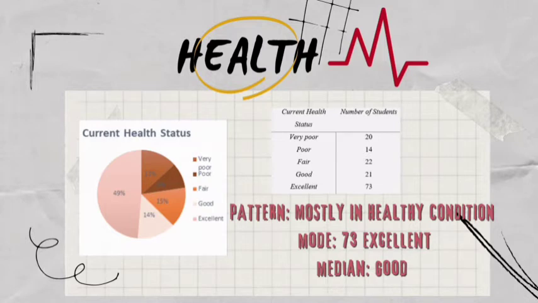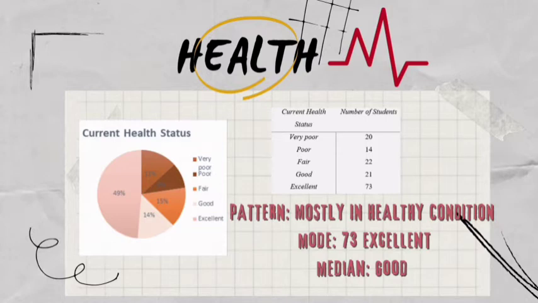Based on the data that we analyzed, the students of the mathematics course are in healthy conditions. The mode of this variable is excellent condition, which is recorded by 73 out of 150 students.